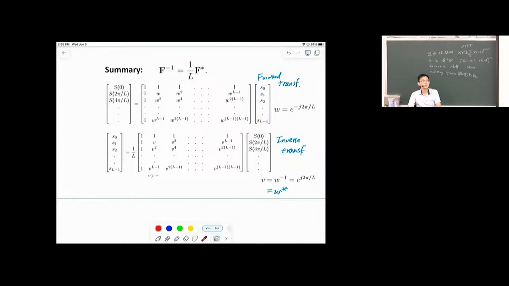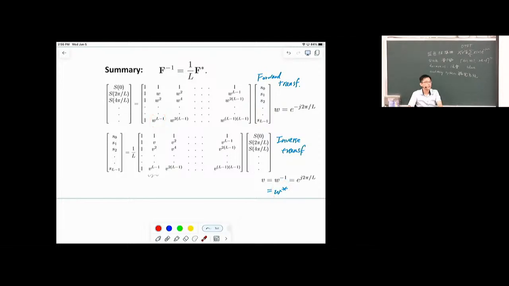So what's the implication? If you know how to implement DFT in a fast way, then you know how to implement the inverse DFT the same way. Because the structure right here is really the same thing. The only difference is that now every V here is W conjugate.